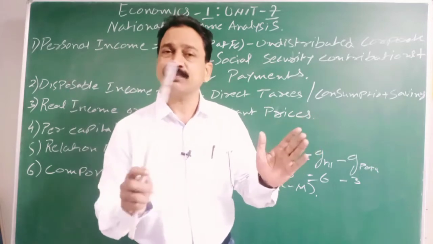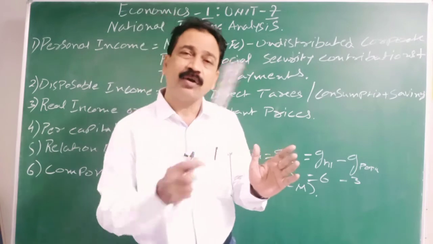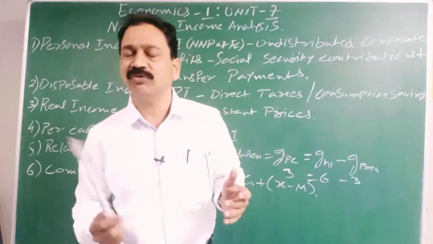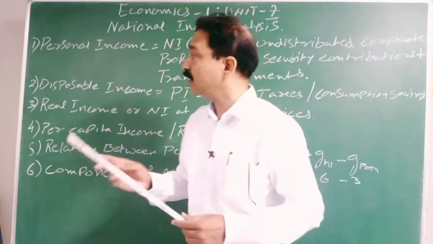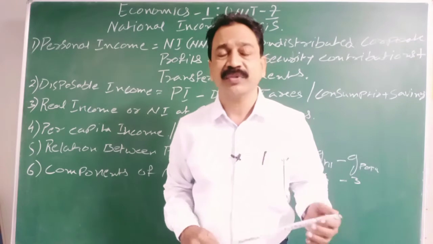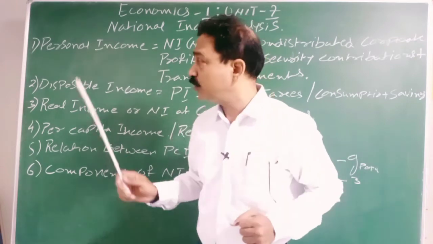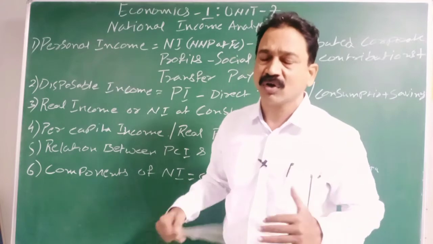Yesterday I explained part by part. If you don't understand, go back to the previous class. Now we will see the next concepts. I told you there are around 10 concepts. Yesterday we completed 5 concepts. Today we are going to complete the other 6 concepts.